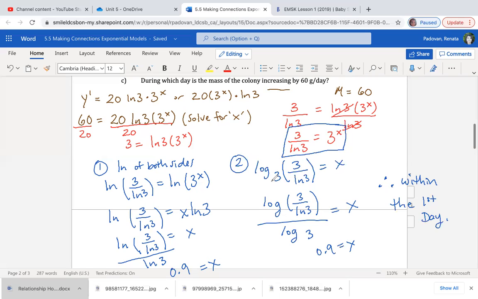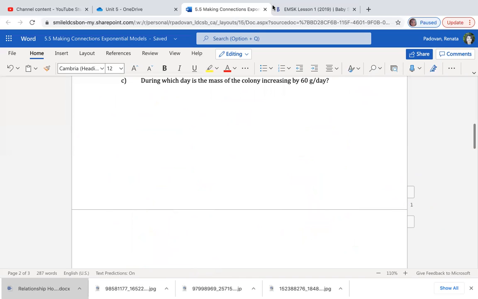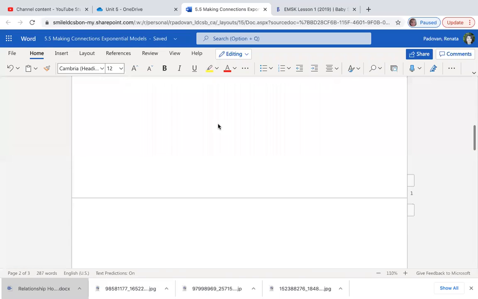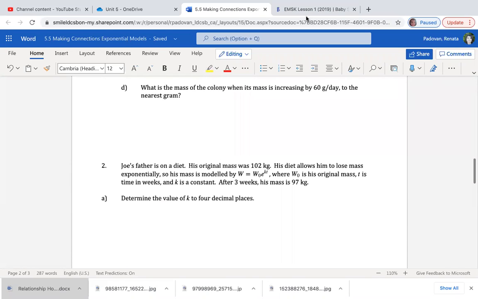Then we do have a part D that we move down. I just need my answer of 0.9 before I clear it here. So D: what is the mass of the colony, my Y value, when its mass is increasing by 60 grams per day, to the nearest gram?